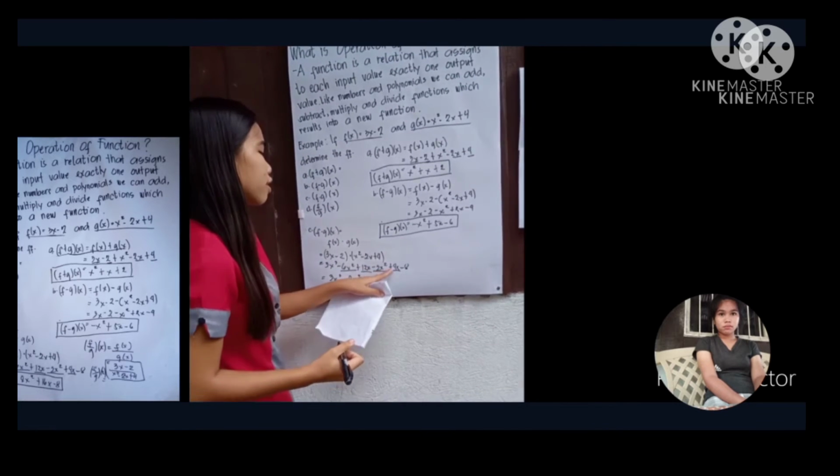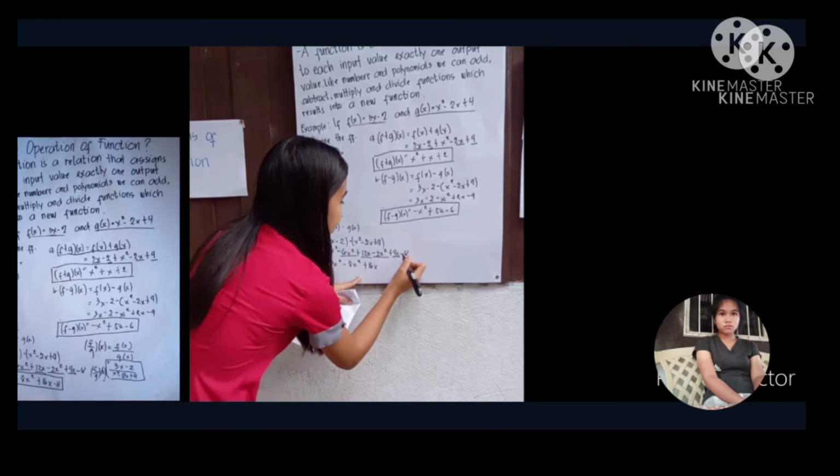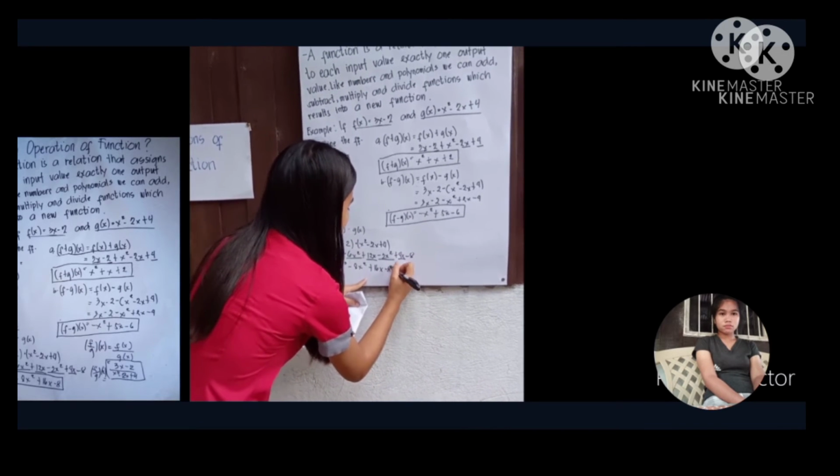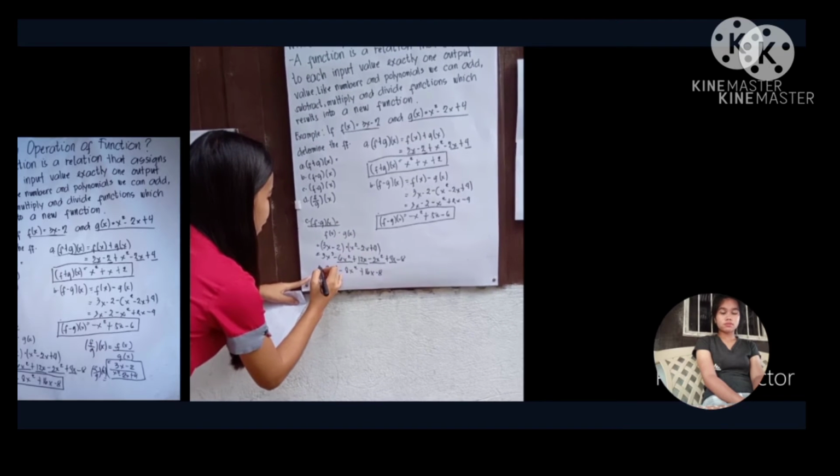Then, 12x and 4x give positive 16x, and then negative 8. So that is the value of f times g of x.